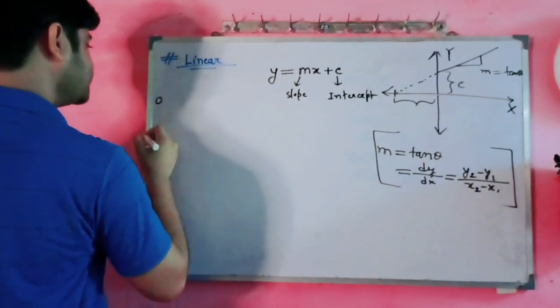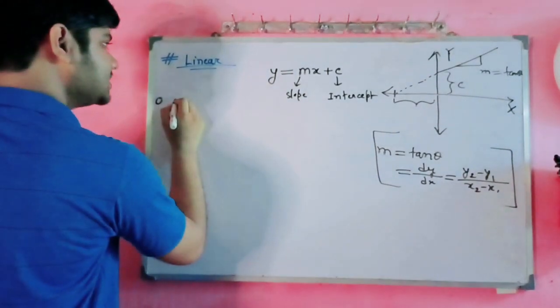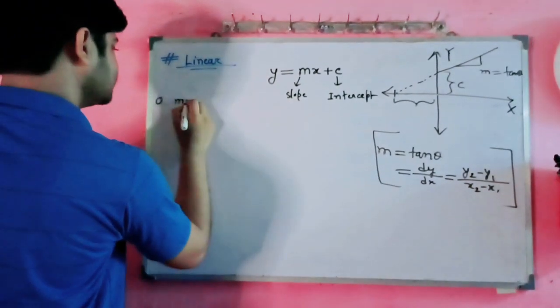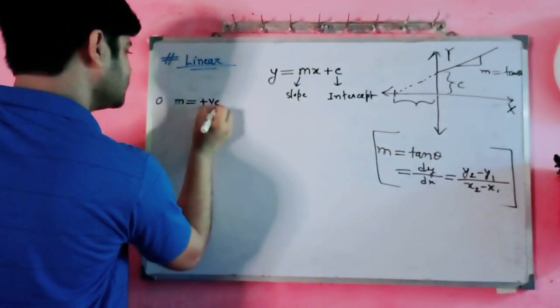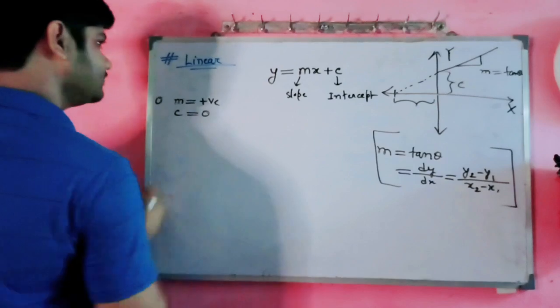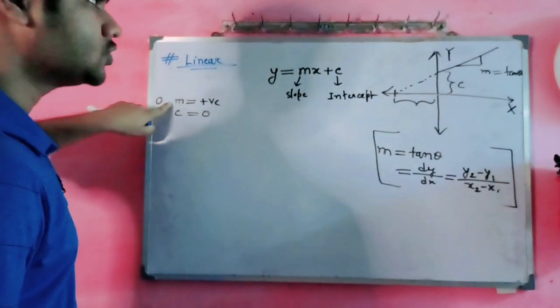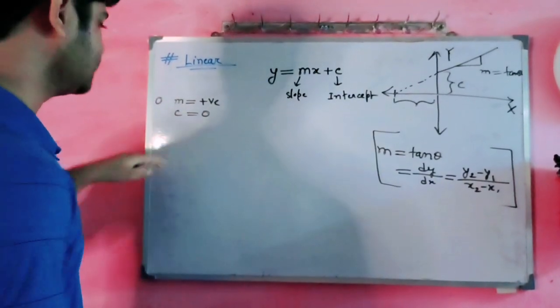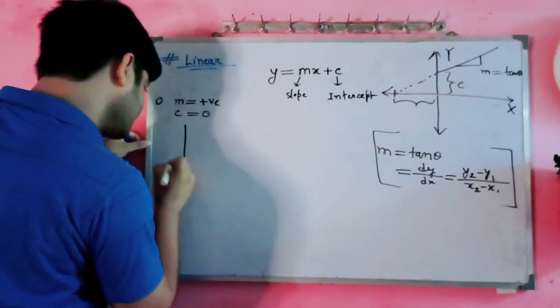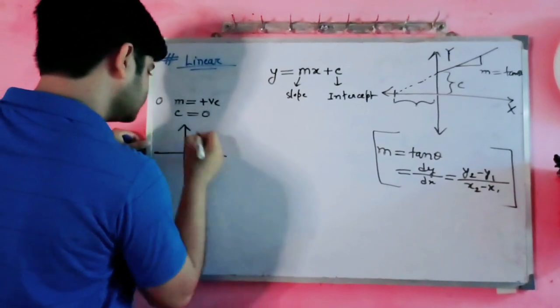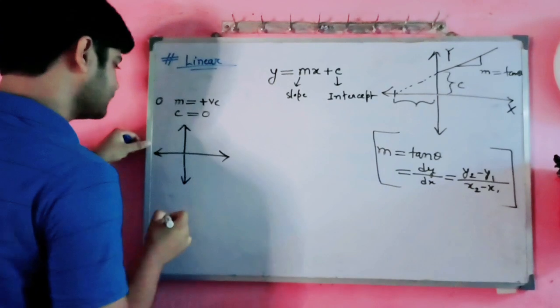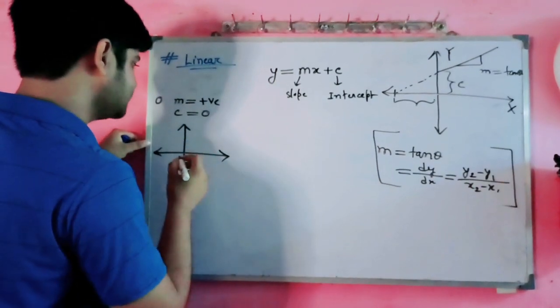So let us take a few conditions. First condition is m equals positive but c equals 0. Slope is positive but intercept is 0. How will the graph look? Slope is positive, intercept is 0.